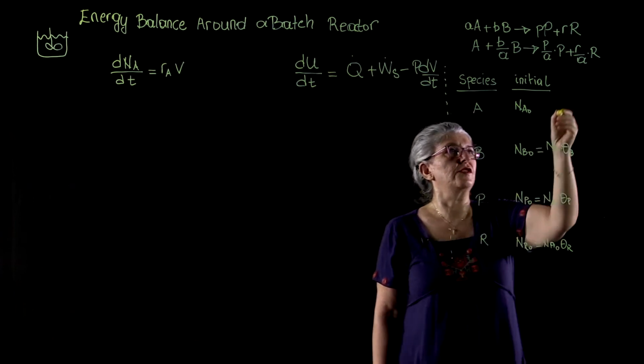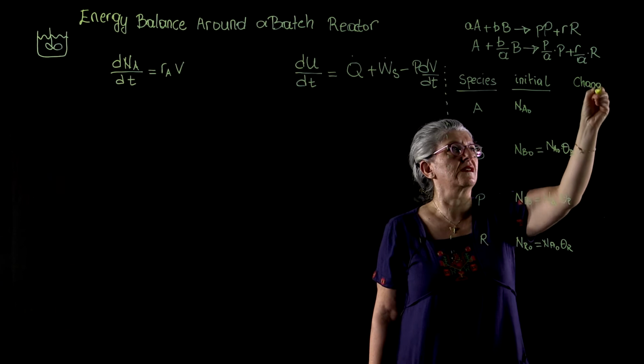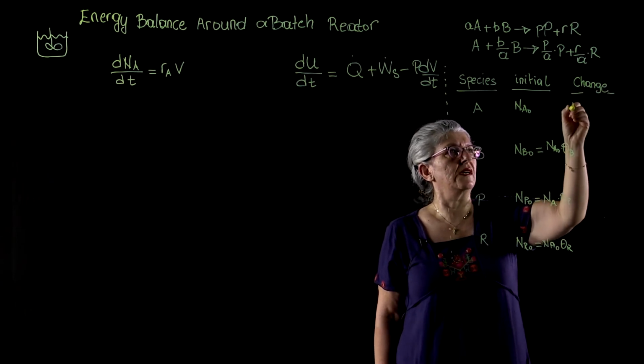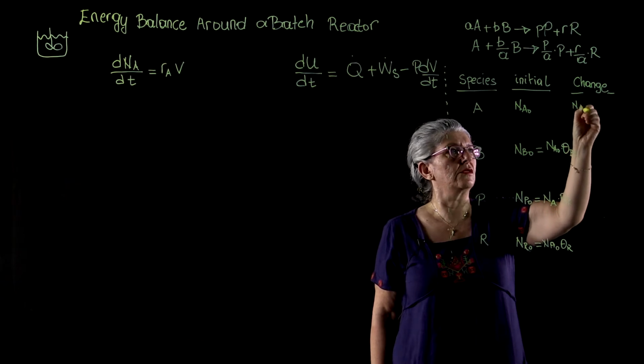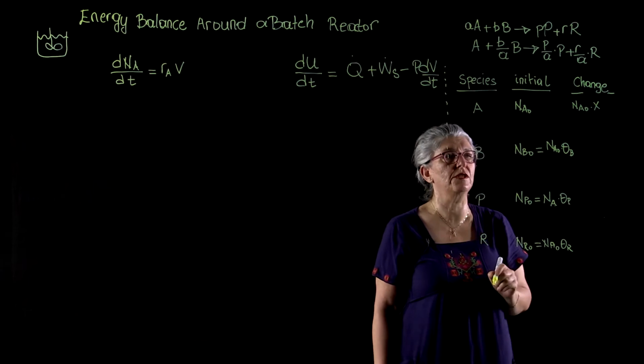And of course, you're going to have a change. And the change is going to be N_A0 times X, where X is the conversion.